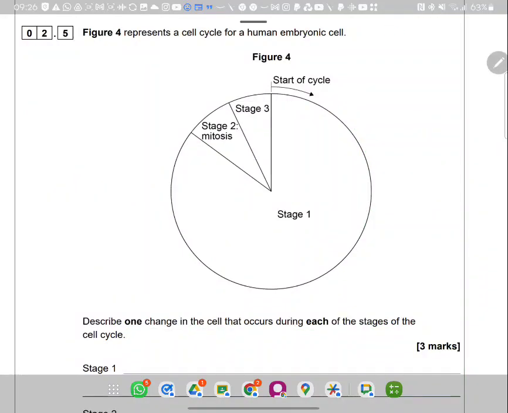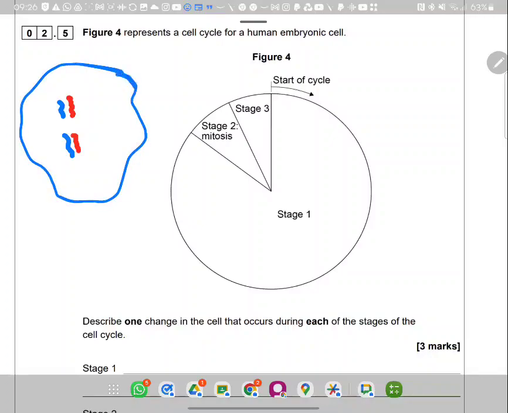We then come to stage 2, and stage 2 is the mitosis part. Now, in mitosis, what happens is the DNA that's been copied is in the cell. I'm only going to do 2 chromosomes here, I'll do one more actually, so you can see that it's all a bit haphazard. So here is the DNA that's been copied.